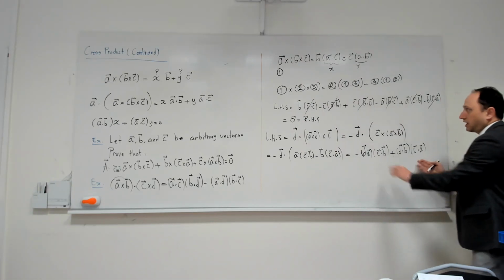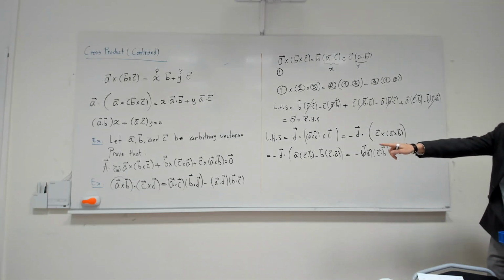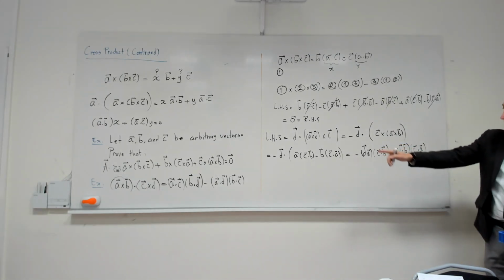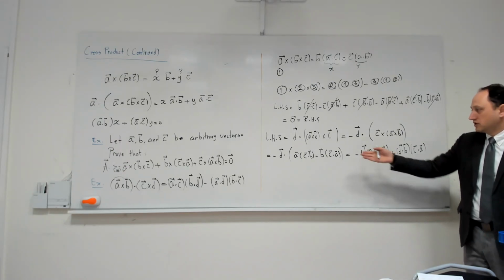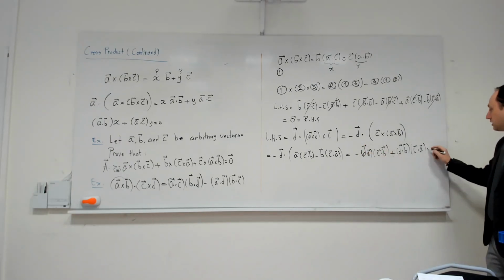But this is exactly the right hand side, yes? So let us read it: A dot C, B dot D with positive sign, then I have A dot D, which is the same, and C dot B with negative sign. So that's exactly the right hand side.